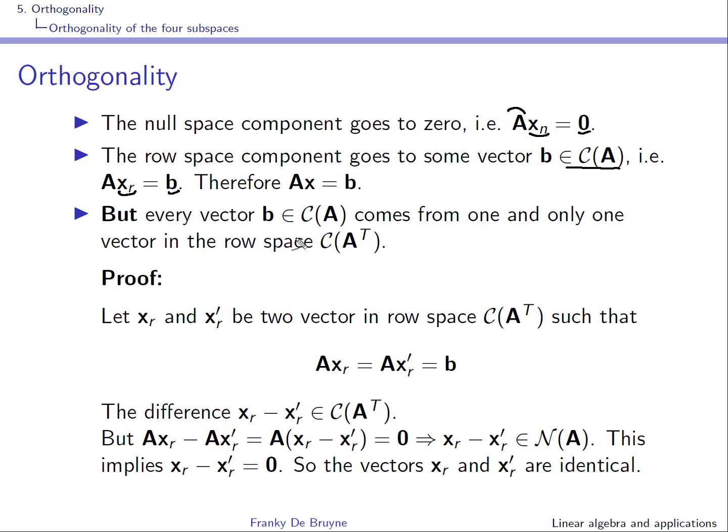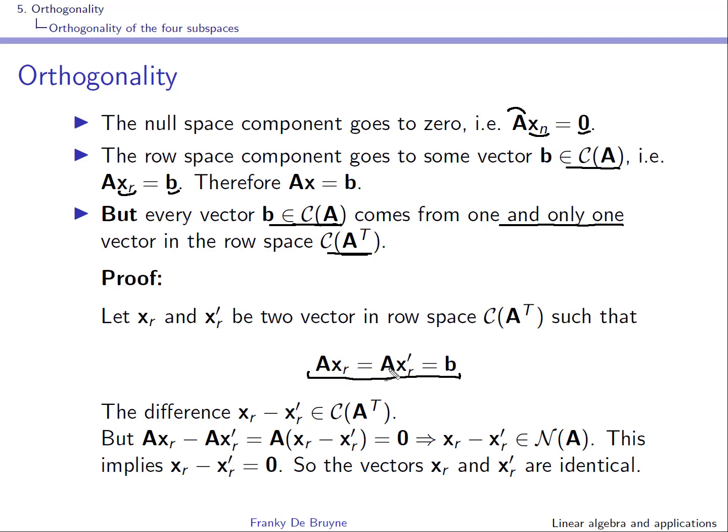And what we want to show here is that this vector b comes from one and only one vector in the row space. So assume there are two vectors in the row space that are sent to the same vector in the column space. So this means that this equation must hold.